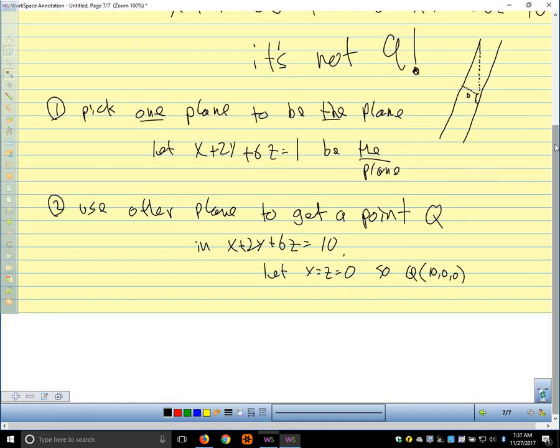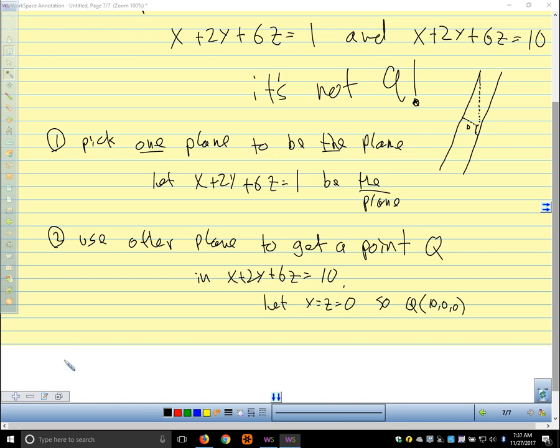And we also need a point in the other plane. So we want a point in that plane to make our vector PQ. So what would be a convenient point? 1, 0, 0, right?